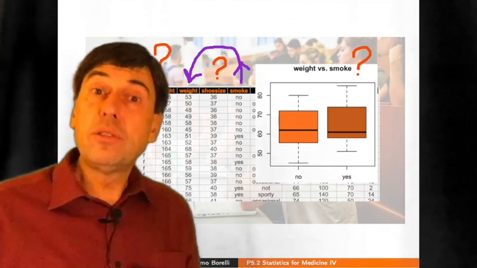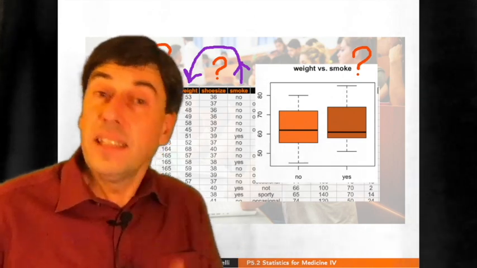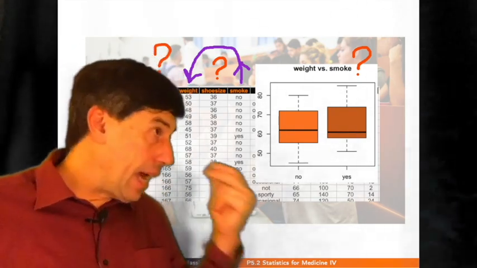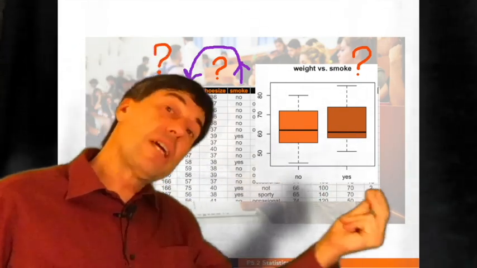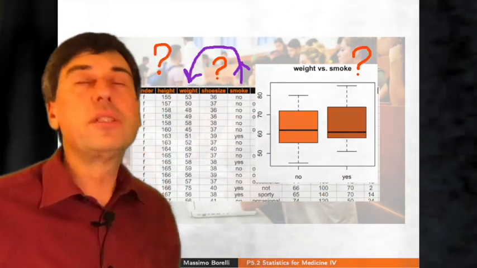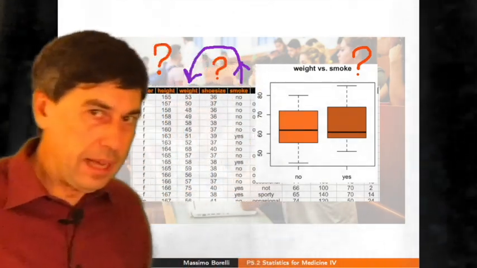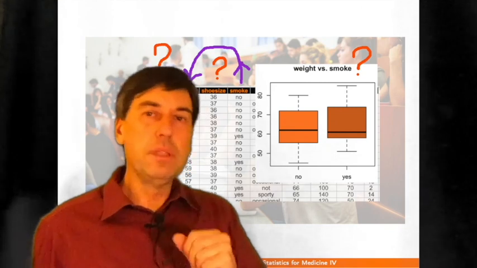And if you consider the t-test, the linear model, with smoke as a covariate, as a predictor, and the weight on the y-axis as the response, you will not find any significant p-value, okay? And we will check it with the software in a while.